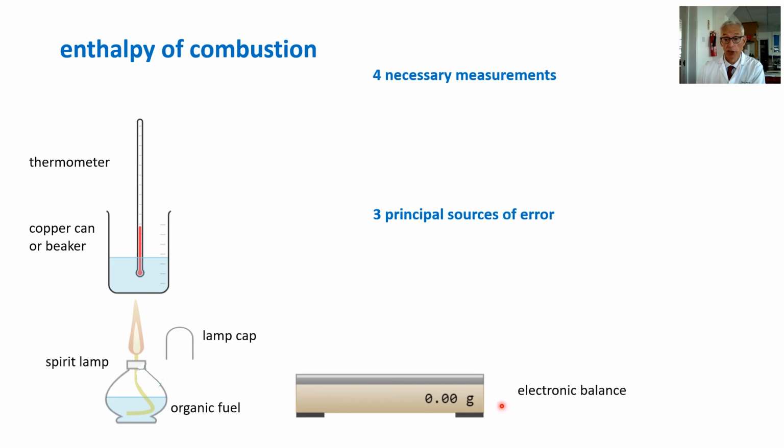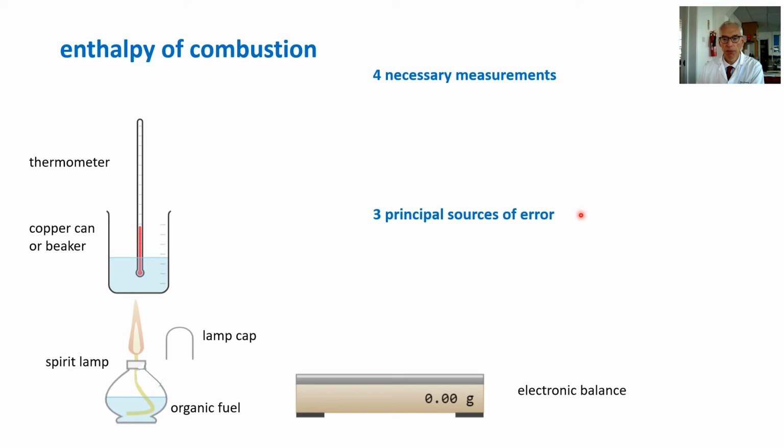I've got it to 2 decimal places, probably precise enough for this particular experiment. So what I'd like you to think about is, what are the 4 necessary measurements that are needed to obtain data from which the enthalpy of combustion of the organic fuel can be calculated?